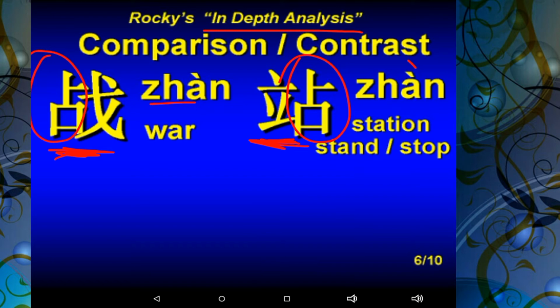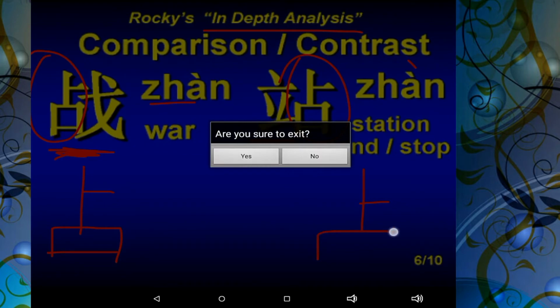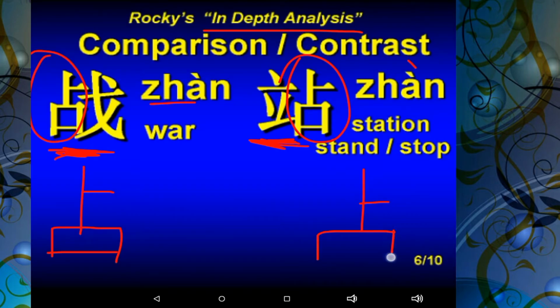This radical is drawn 1, 2, 3, 4, 5. And let's draw this radical. 1, 2, 3, 4, 5. It's the same character. Notice the little feet right here, right? You always want to give the character his little feet. Okay, he has little feet.